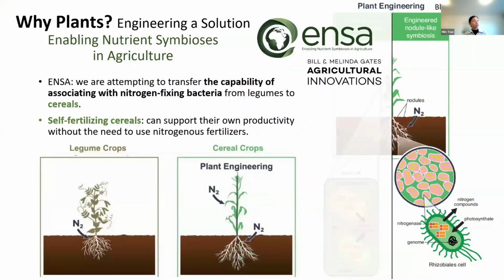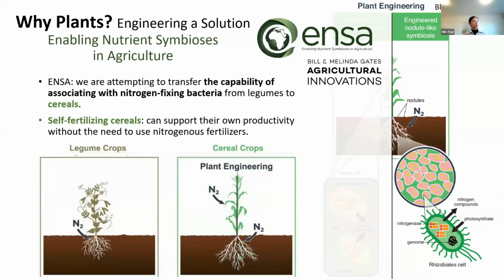We are part of the ENSA project, Enabling Nutrient Symbiosis in Agriculture. We are trying to engineer crop species to hopefully generate nitrogen-fixing cereals. In the natural environment, there is an association between beneficial rhizobia and legume species, so they can form a specialized structure called a nodule that houses nitrogen-fixing bacteria.